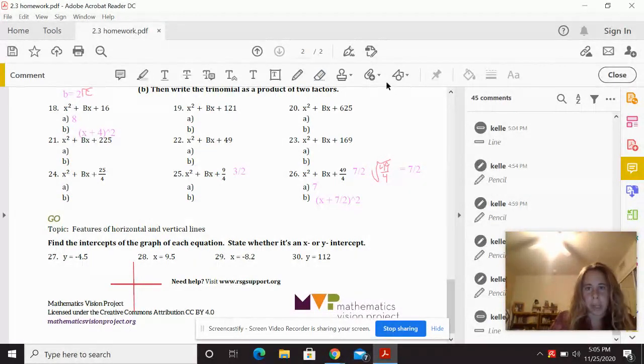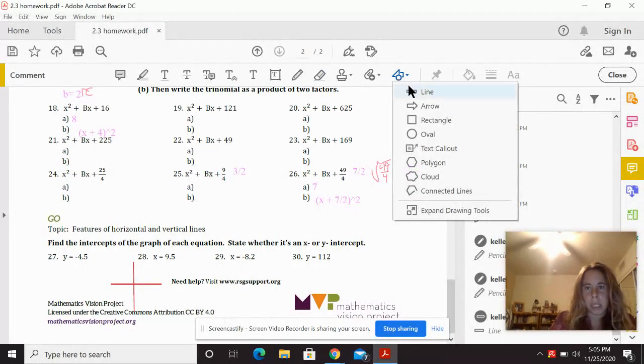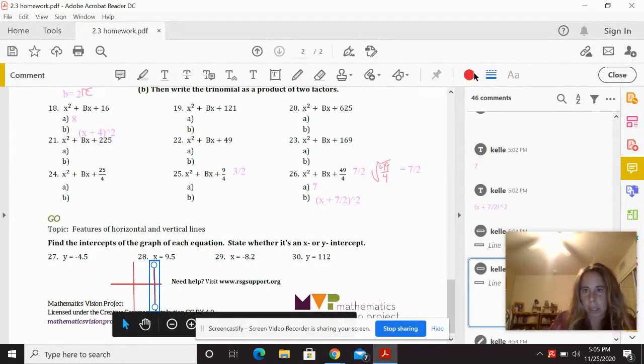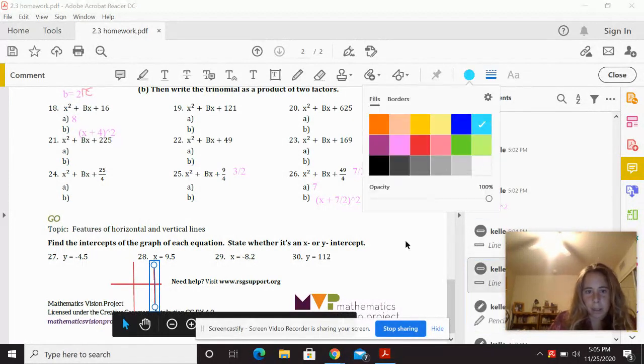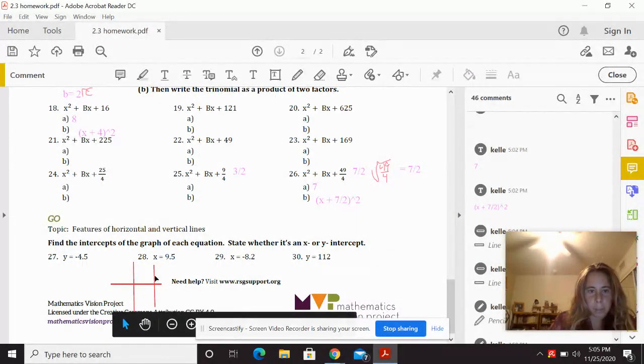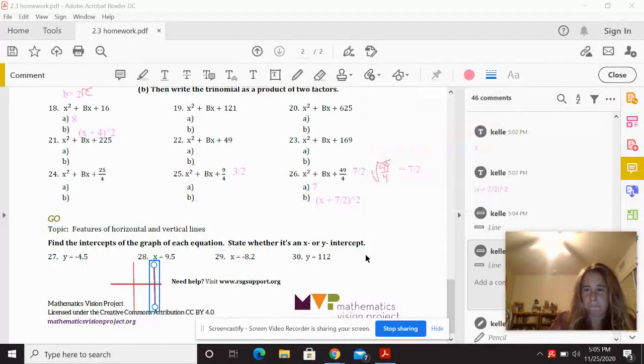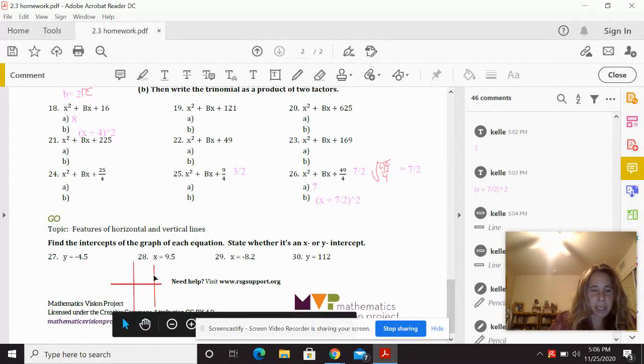Do I have my line tool? I do not. Okay, fine. So this is x equals 9.5.